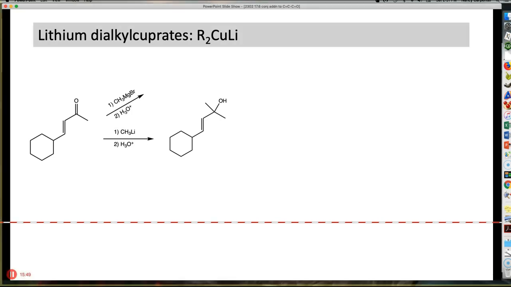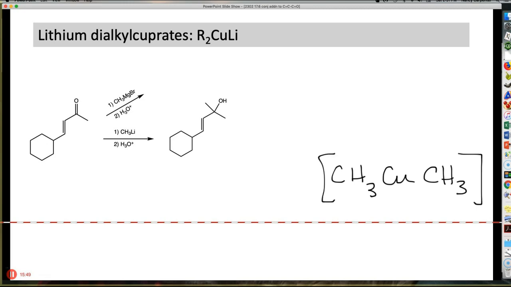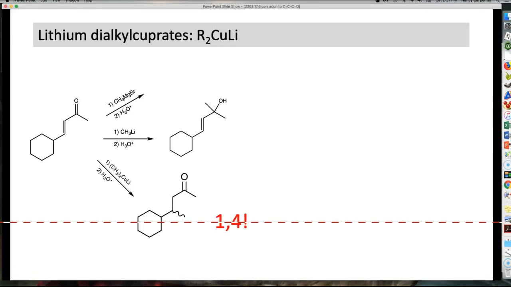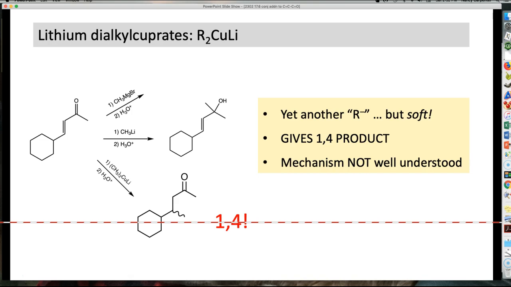And if I add a CH3Cu, which happens to have 2 methyl groups on it, and this whole thing is negatively charged because it's copper plus 1, so it means there's a lithium plus 1 counterion. Well, surely that would add 1,2, and it does not. So that's the wrench. We have an organometallic now that adds 1,4, and it's the cuprate.